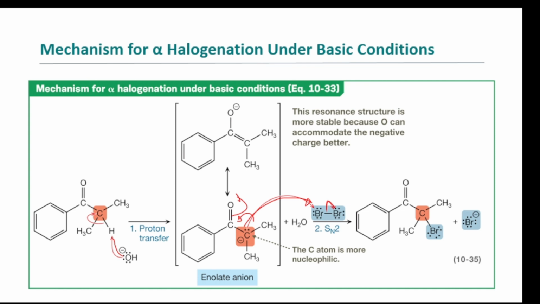Our carbon is the negative species here, attacking a bromine and causing another bromide to leave. So it's a kind of reverse-looking, unusual SN2. This generates the leaving group bromide and attaches the bromine to that alpha carbon. Everybody okay with that? Anybody have any questions?